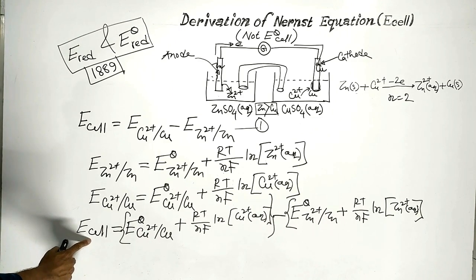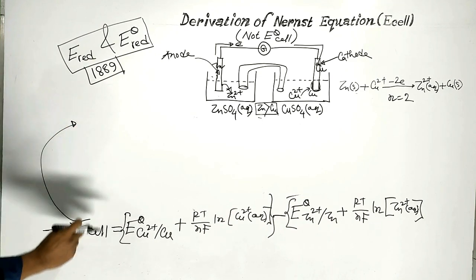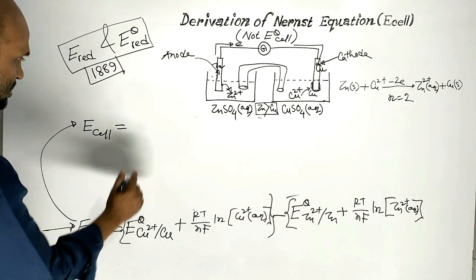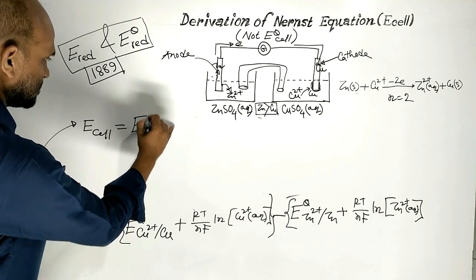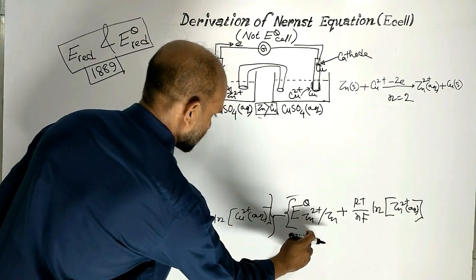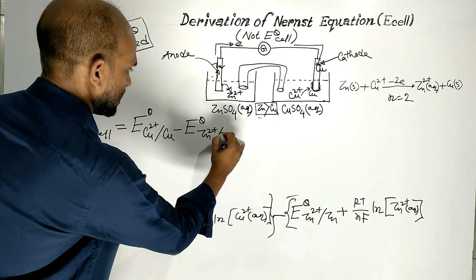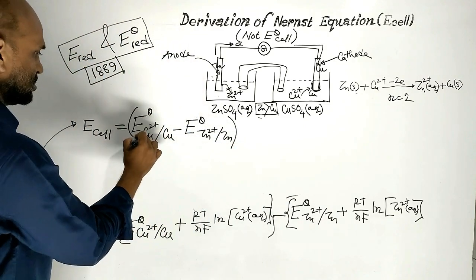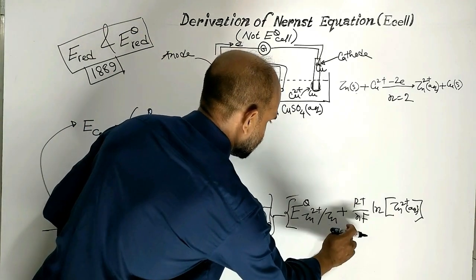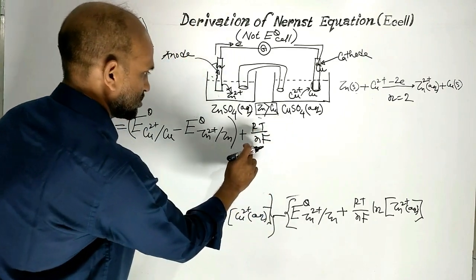From this equation we can write non-standard state cell potential is equal to standard state reduction potential of cathode minus standard state reduction potential of anode, plus RT by NF taken common.